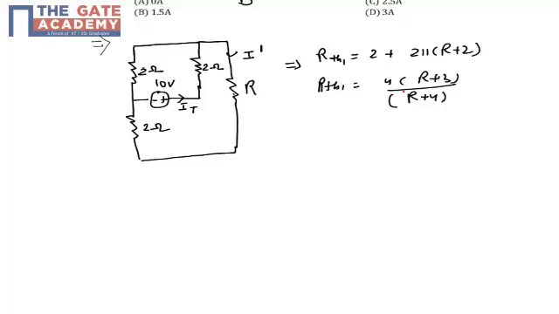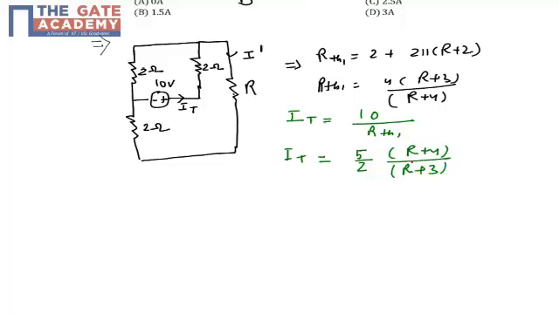Now I total, the total current supplied by the voltage source, will be equal to the voltage supplied, which is 10 volt, upon resistor RTH1. This eventually comes out as I total equal to 5 by 2 times (R plus 4) upon (R plus 3). Now I need to find my current I1, which is a component of I total.